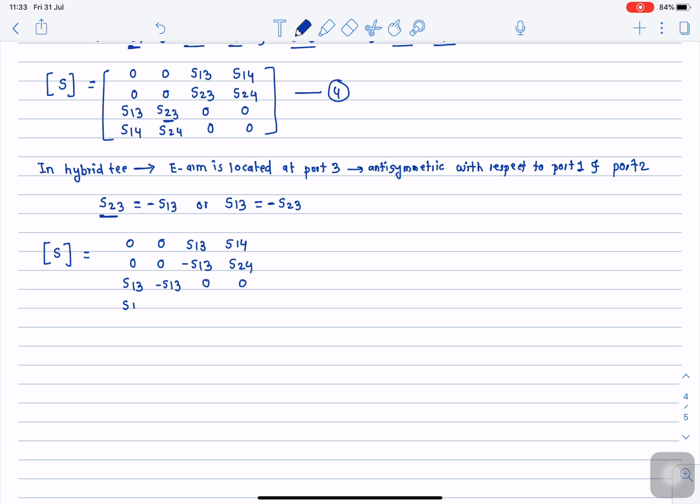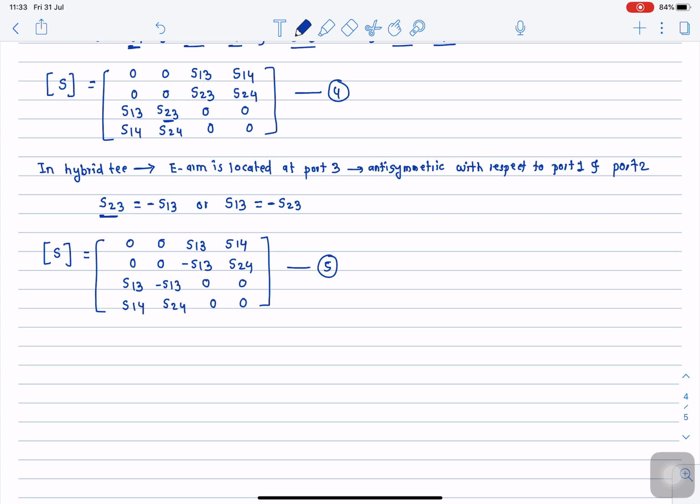So what did I do in this particular step? I applied the property of anti-symmetry for port number 3, which is anti-symmetric with respect to port number 1 and port number 2.